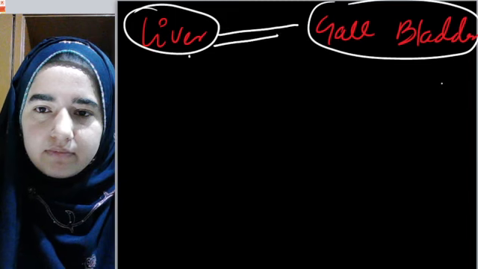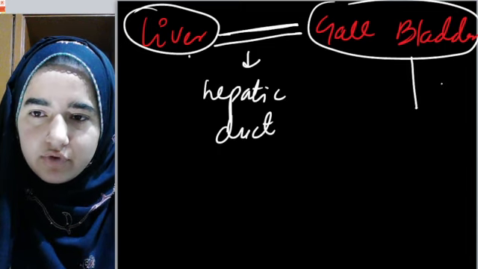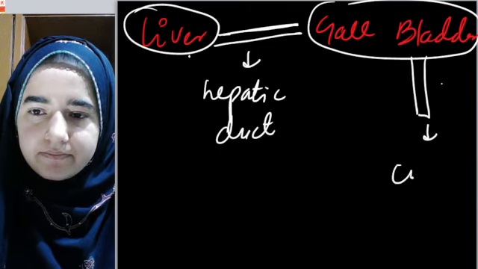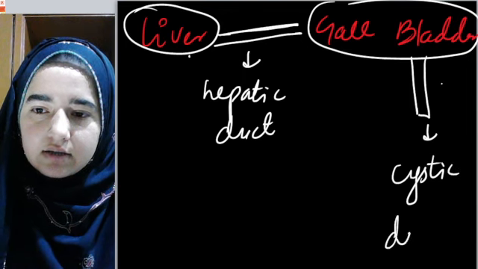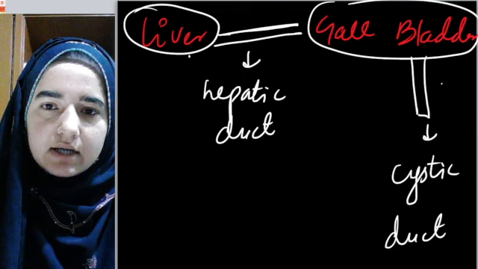The duct from the gallbladder is known as cystic duct.